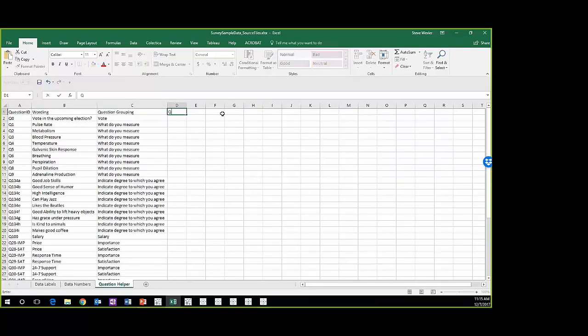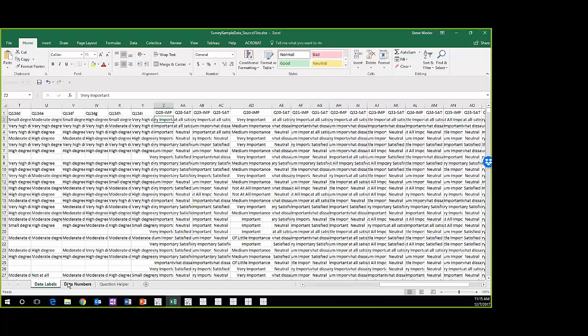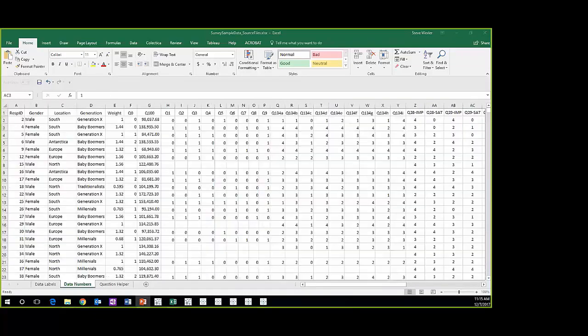You could say question type, and say this is single punch. And then you'll have a filter and say, hey, I just want to look at all the single punch questions together. Or I want to look at all the Likert questions together. And that's fine. So here's our data as labels, data as numbers, and so forth.